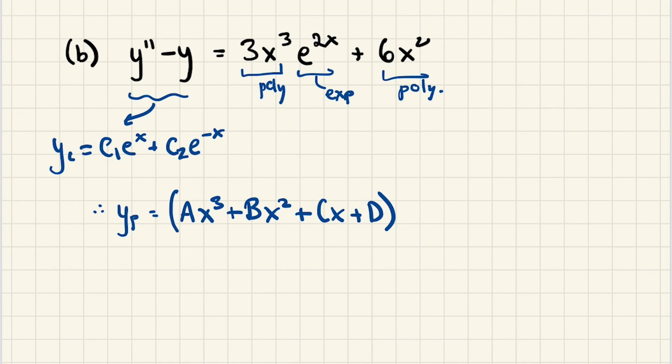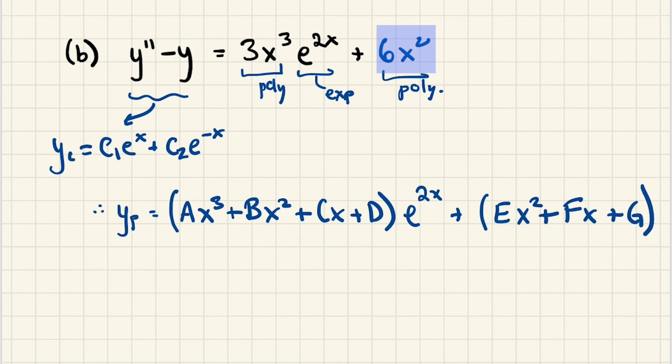Then we're taking that and multiplying by the e to the 2x. And now we're adding the generic form of this polynomial 6x squared, which would be something x squared. What's our next letter? So capital E x squared plus fx plus g. And there's the form of our particular solution. So we would have 7 variables to work out if we were to do this one all the way down.